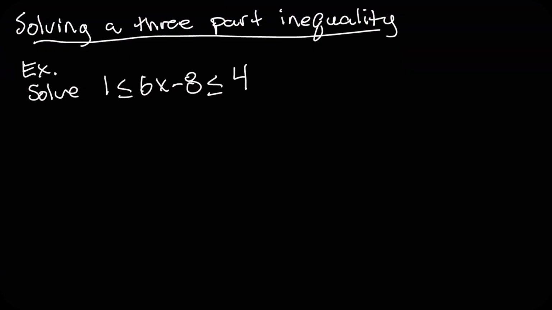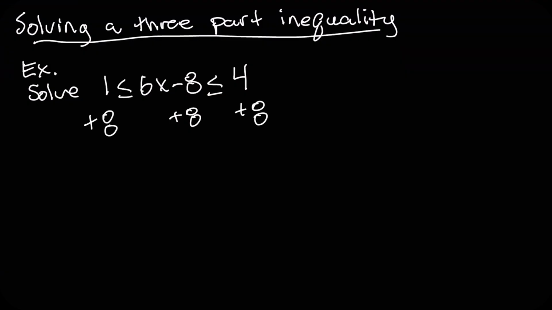Solving a three-part inequality. It's not too bad. All we need to do is again solve for x and isolate our constants on both sides of our equation here. So let's go ahead and start with the 8 here and add that onto the right and left hand sides.